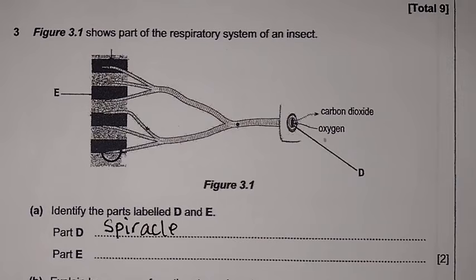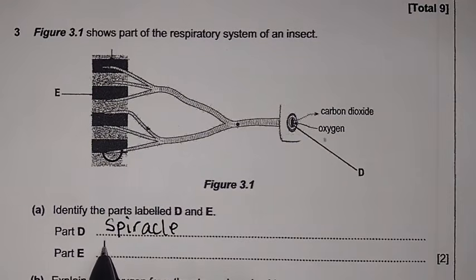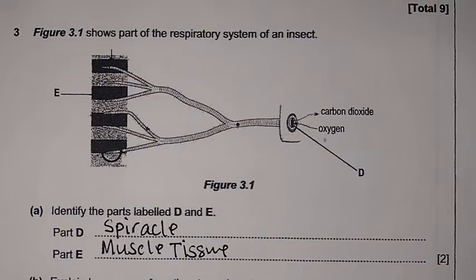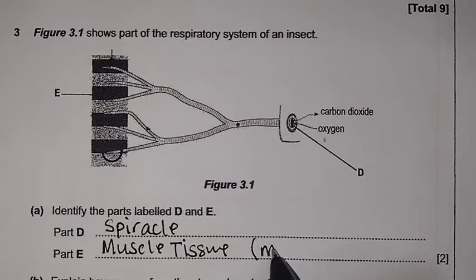Okay, so this is the part spiracle. The part labeled E is called the muscle tissue. So this is the muscle tissue, or you can say it's the muscle fiber.